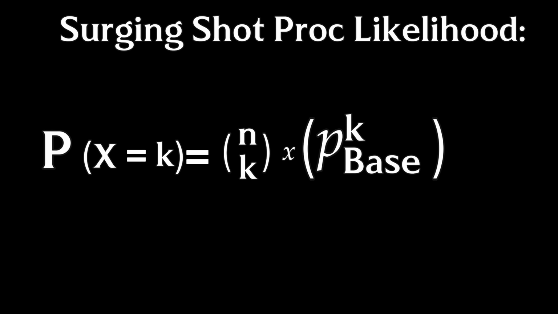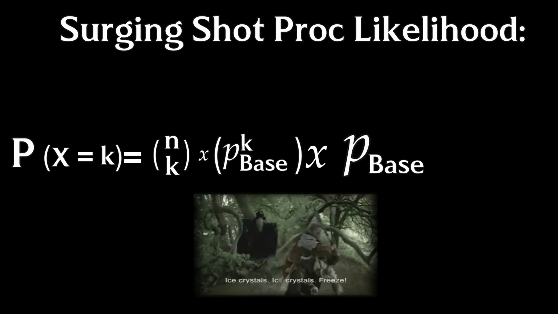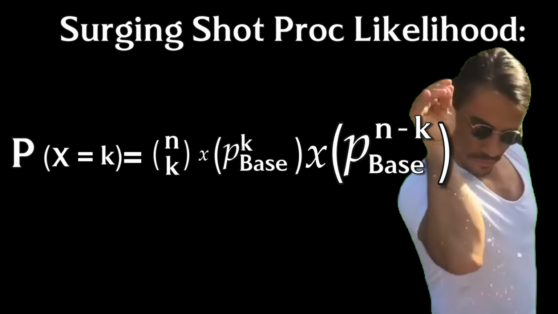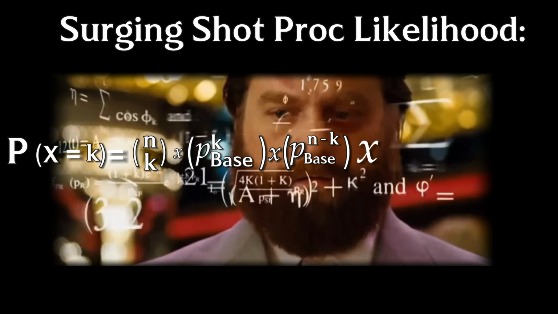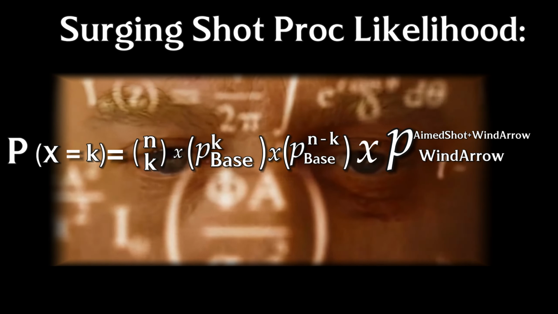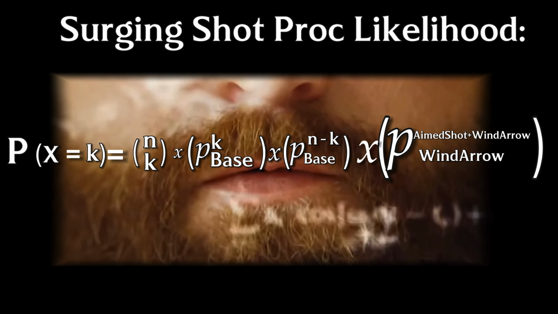Easy enough, right? We also multiply it by the probability of failure for the base event, raised to the power of n minus k. And just to spice things up, we throw in the probability of success for the wind arrow event, raised to the power of the number of wind arrows. So it's like a combo of the base event and these wind arrows working their magic.